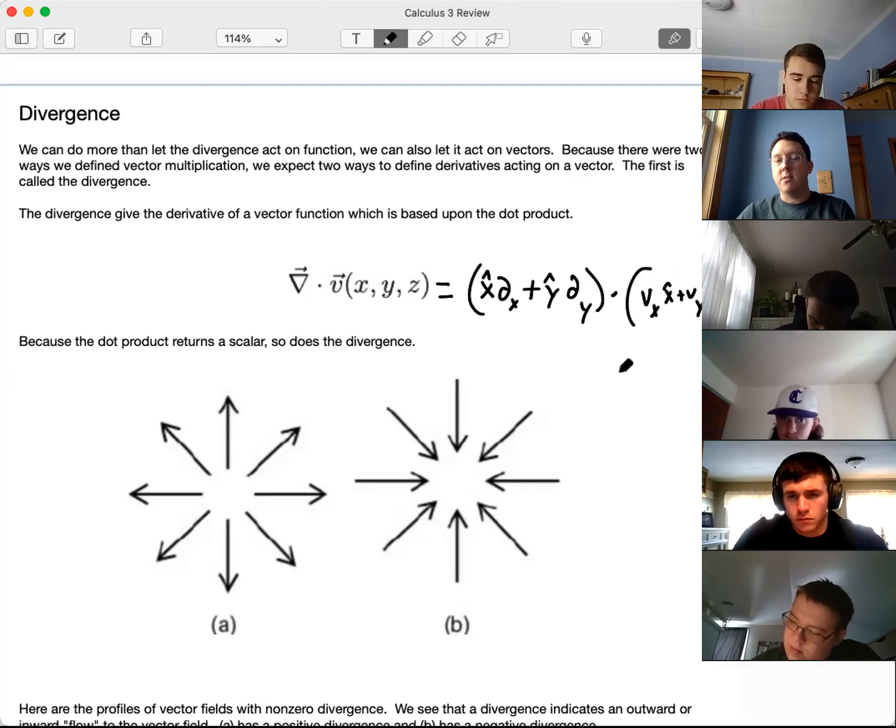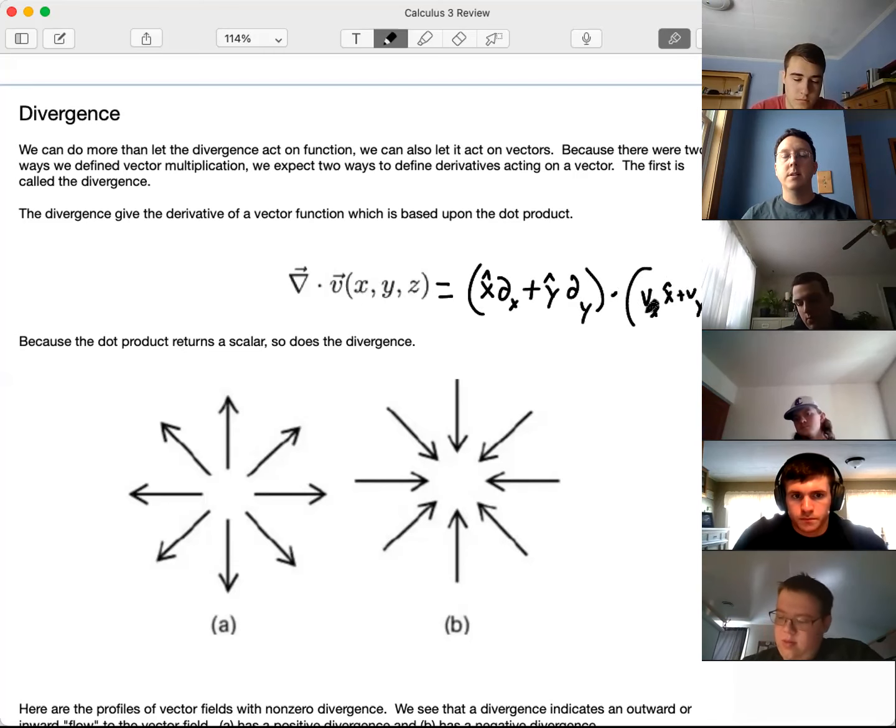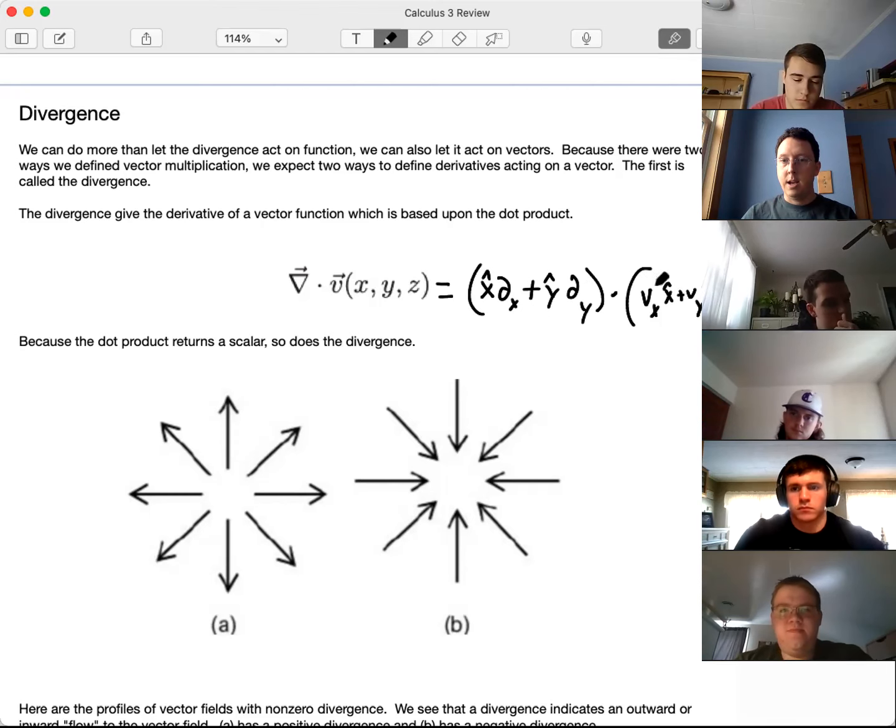We're assuming everything's varying. It's not constant. Now, the partial derivatives don't care about the unit vectors here because I'm in Cartesian coordinates. So really, I could just do a simple dot product. And what that does is, remember, when you take a dot product, you just pair up the x pieces and then pair up the y pieces and then add the results.